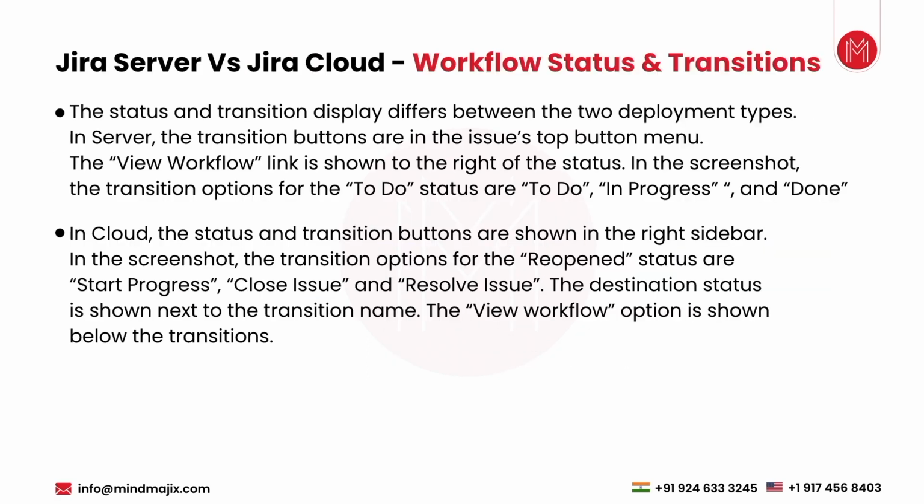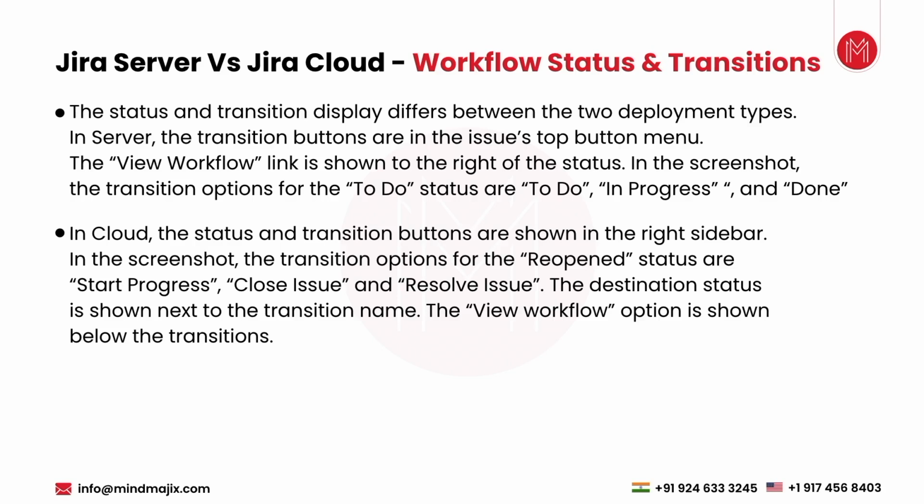If we talk about the transitions page, status and transitions are displayed differently between the two deployment types. In server, the transition buttons are in the issues top menu. So those are on the top menu, which is at the home page at the start of the Jira server.